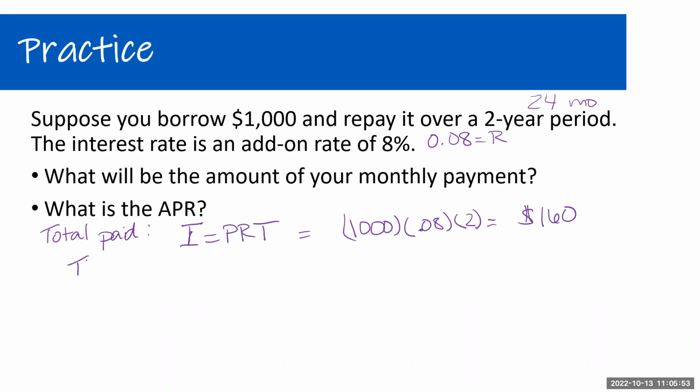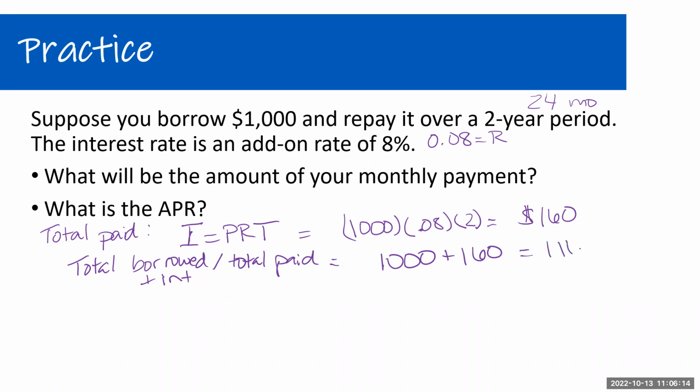So the total paid, the borrowed plus interest, is the $1,000 that we originally borrowed plus our interest, so $1,160.